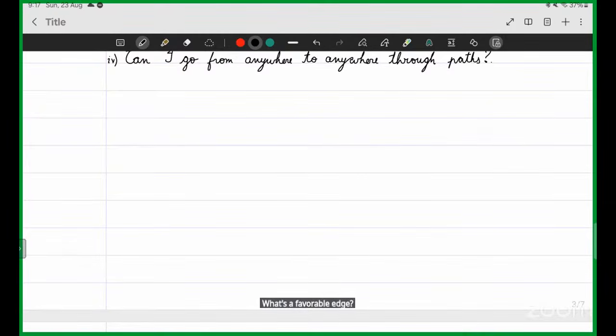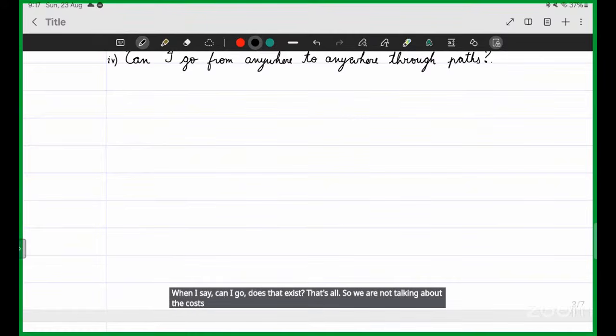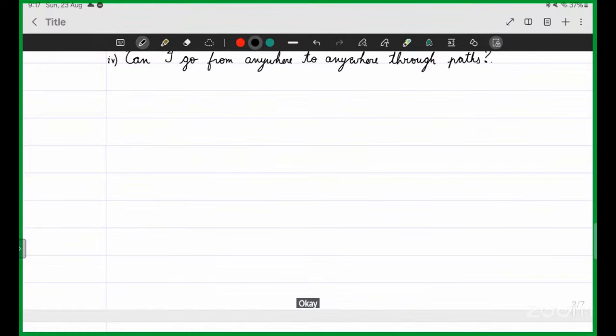The edge which I should go, for example minimum cost anywhere to anywhere. We are not talking about cost over here. That would be a further refined question. When I say, can I go, does there exist a path? That's all. So we are not talking about the costs.